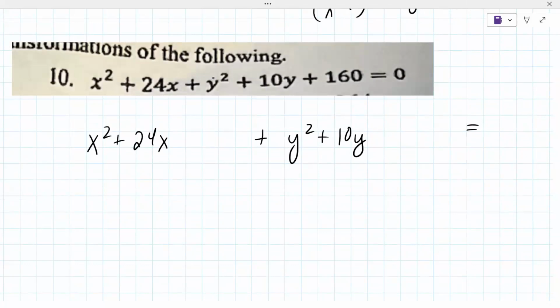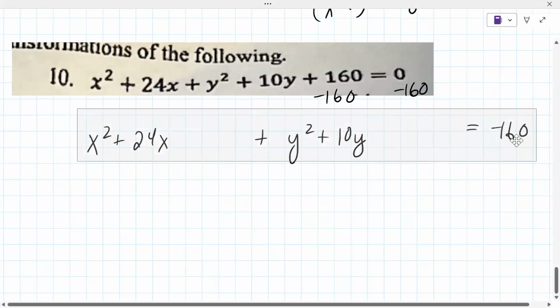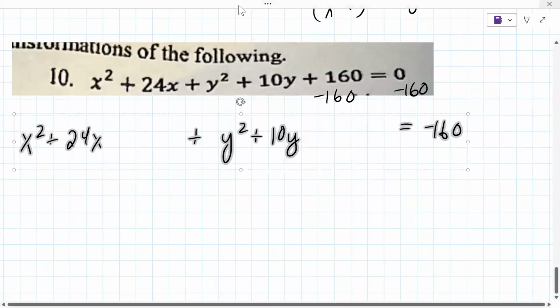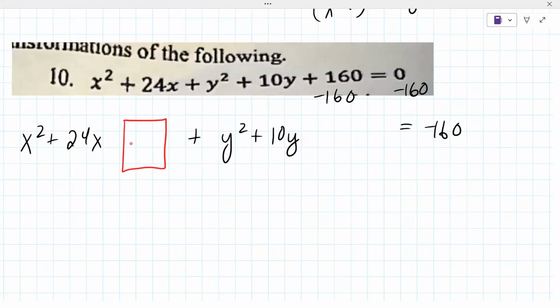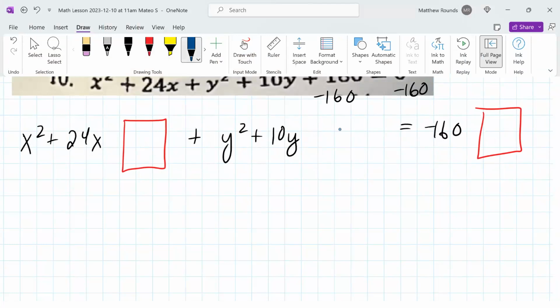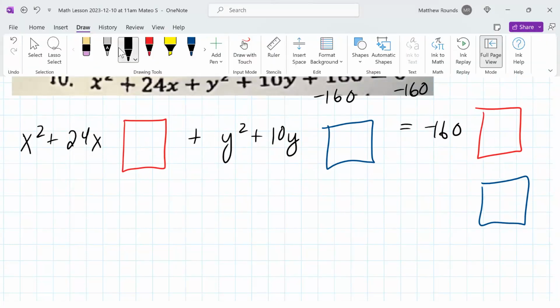I'm leaving a space, and I'm moving that constant term to the other side of the equation. And then I'm gonna add a red box, and a red box, and a blue box. So we're gonna figure out what goes in each of those boxes. Okay.